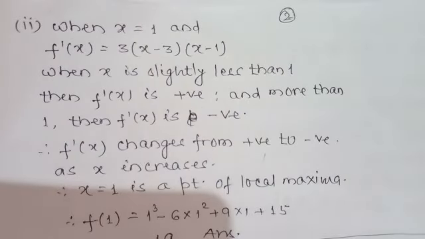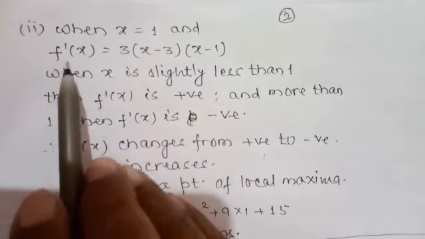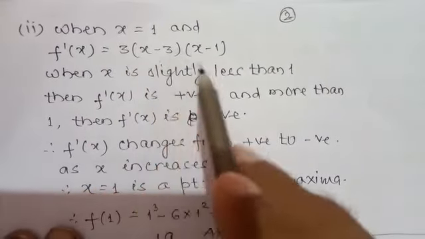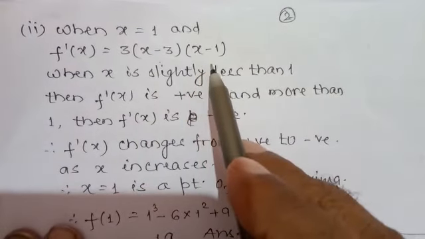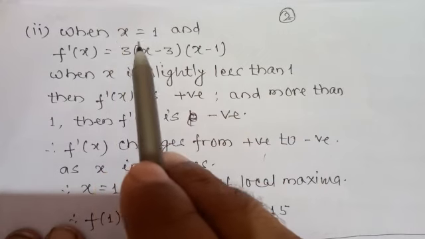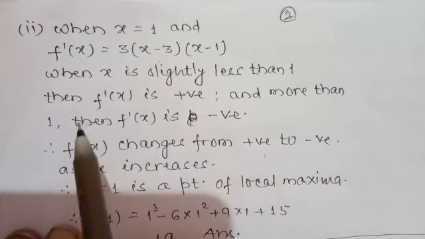When x is equal to 1, our f dash x is 3 into (x minus 3) into (x minus 1), and we are going in the case when x is equal to 1.